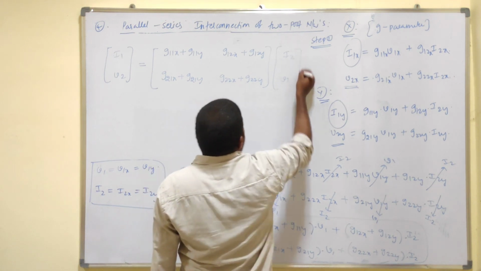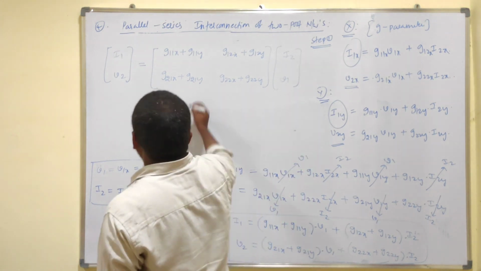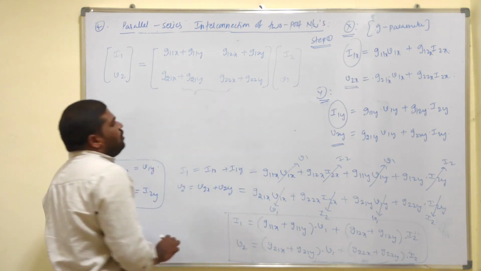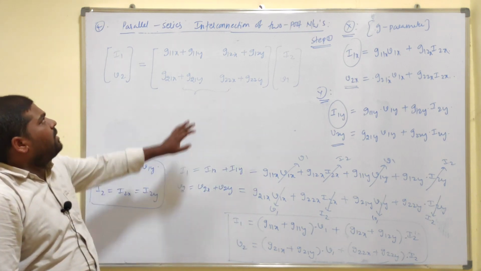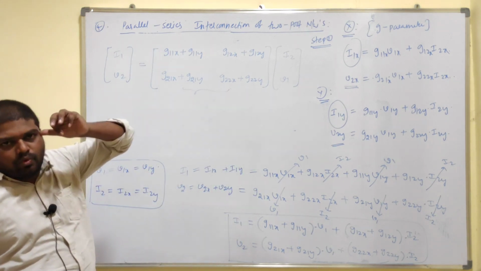This is your matrix, the two-port parameters for the parallel-series interconnection of two-port networks.